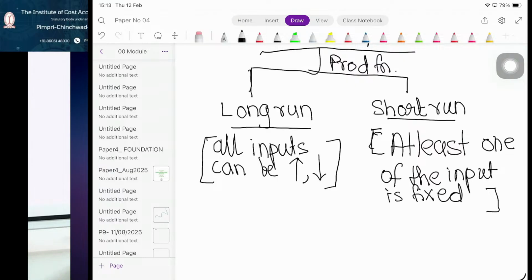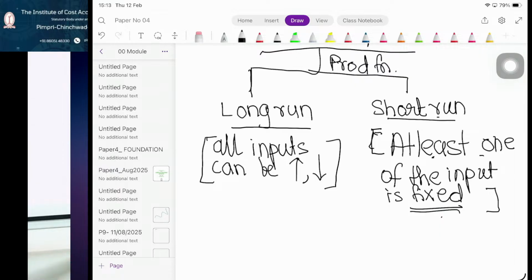That is, it cannot be increased or decreased. You have a fixed amount of input that is there. So not all inputs are fixed, but at least one important input is remaining fixed. That would be the situation in the short run.